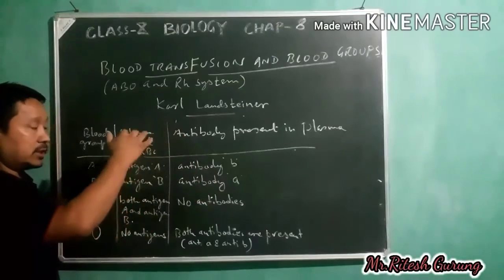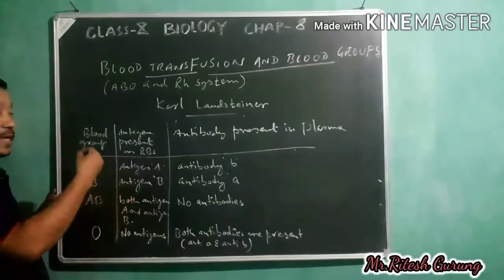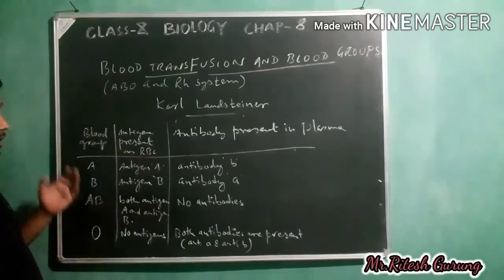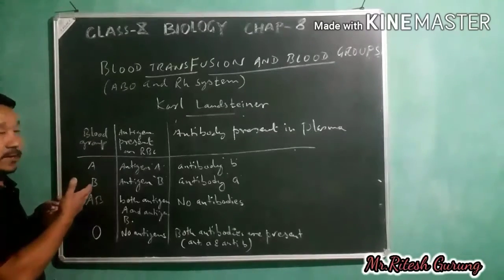Alright, so that way, in presence or absence of these antigens in the blood, it is of 4 types as given here.